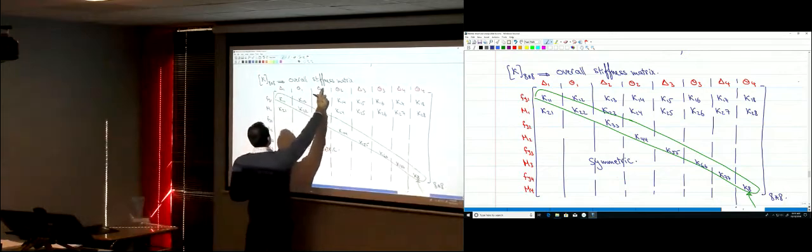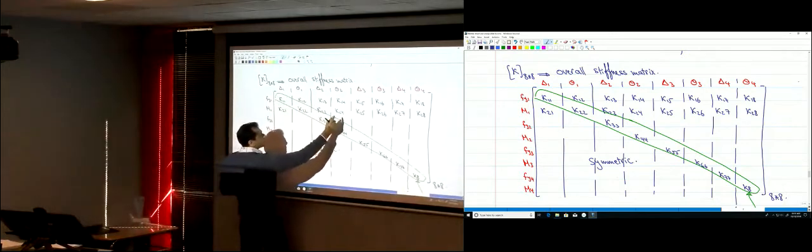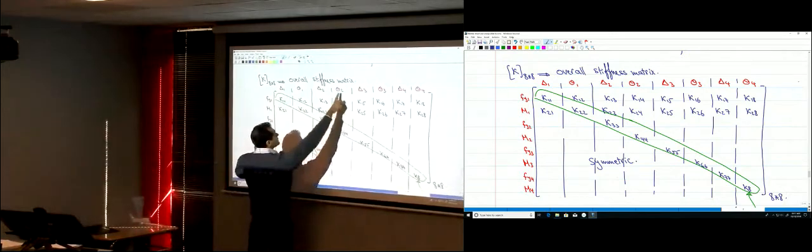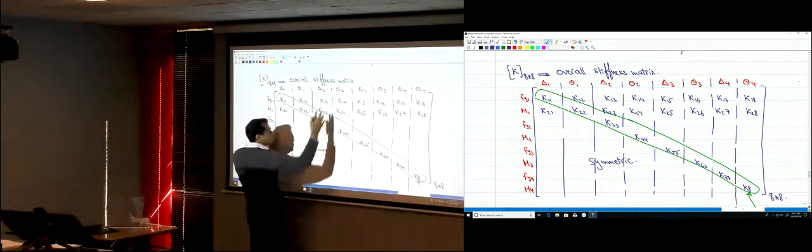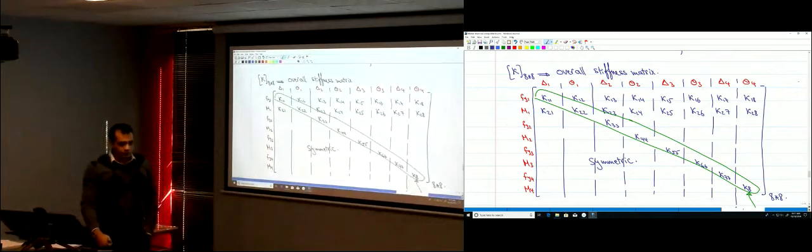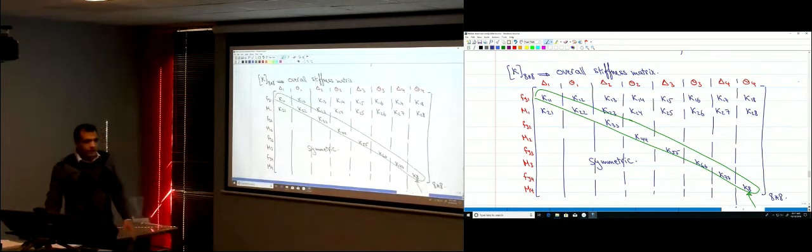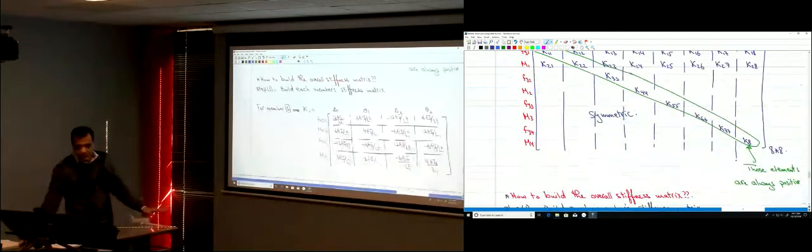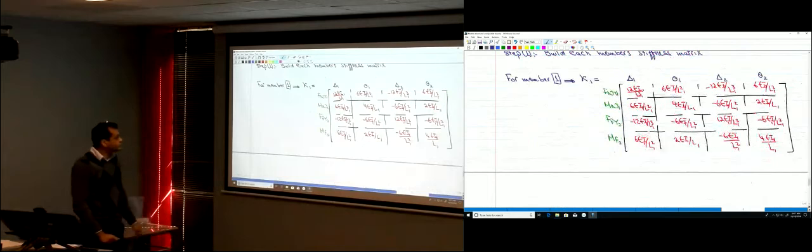This number here that relates, let's say, M1 to theta 2, and so on. Okay? How would you find those numbers? You just map the numbers from your element stiffness matrix to the overall stiffness matrix.